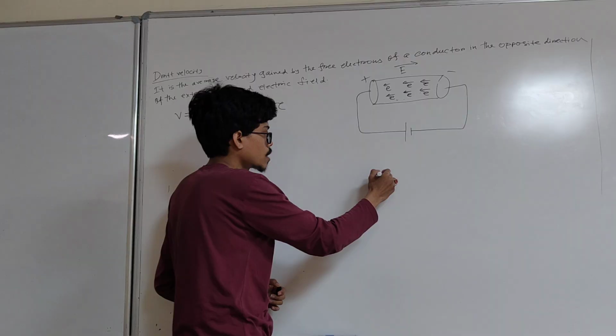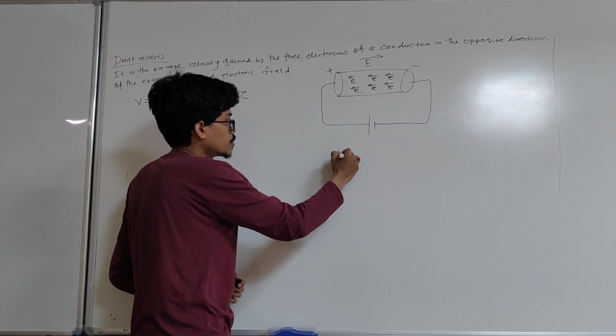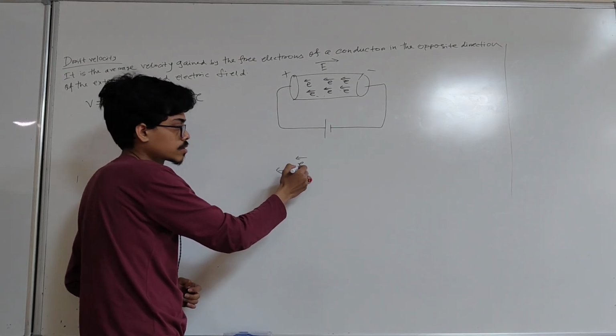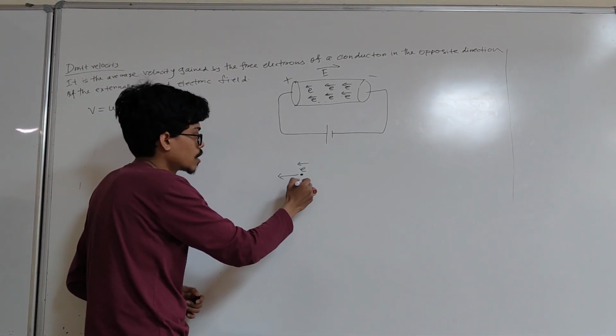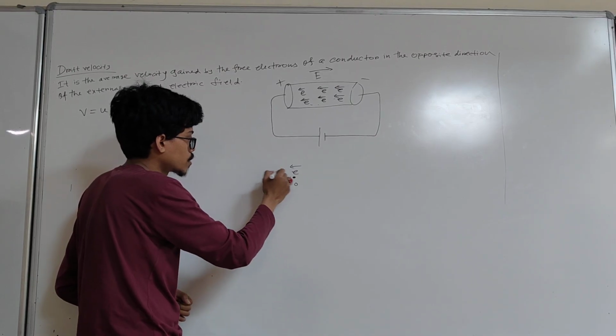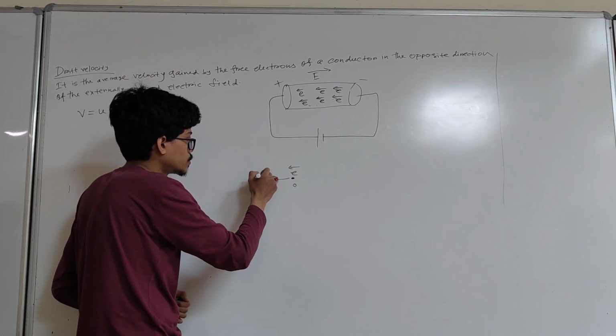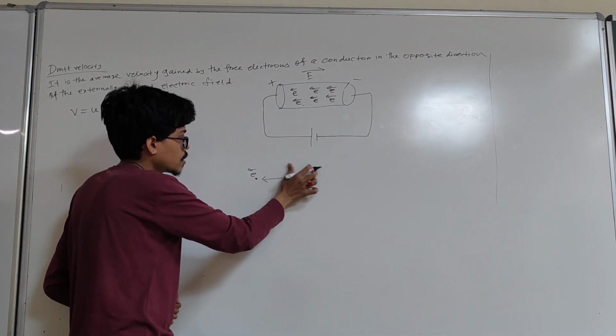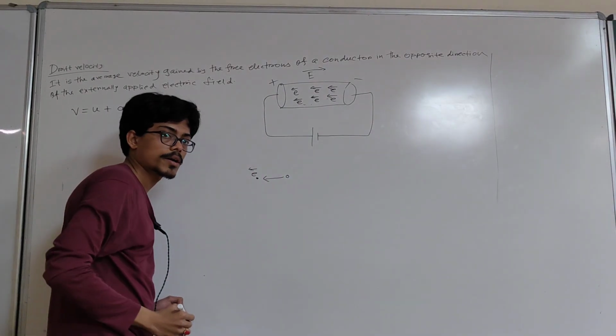We know if one electron starts moving in a particular direction, when this electron evacuates this space, we get a fixed positive ion here. Means if the electron moves from here to here, then this place will be replaced by a fixed positive ion.